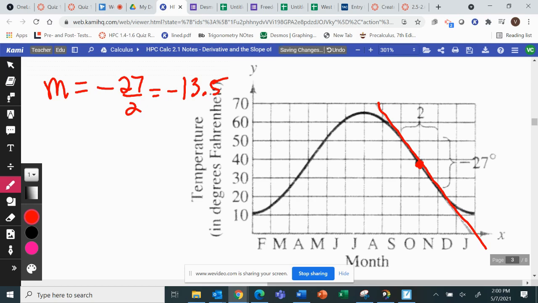Because what is happening? What does negative 13.5 mean? Degrees what? It's Fahrenheit, first of all, but degrees what? What's happening from October to November? Why is there a slope at all?